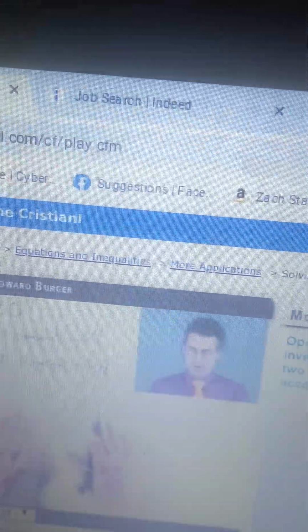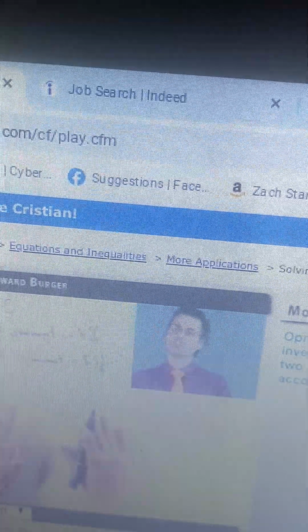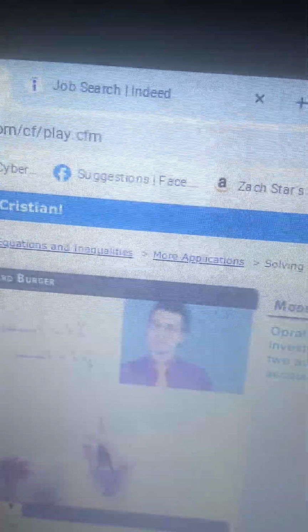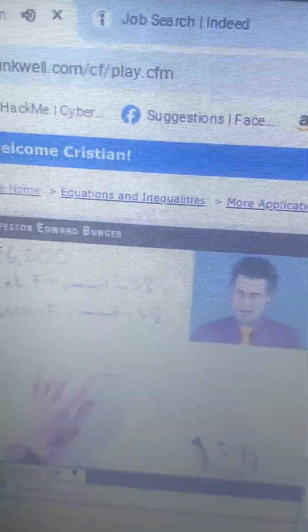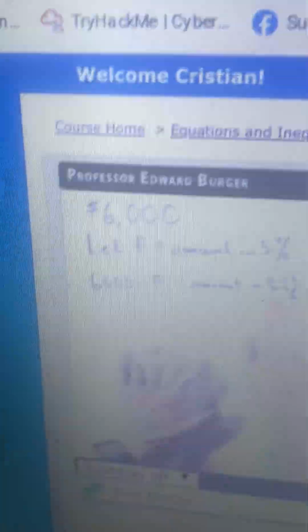Okay, now, what do we know? We know the total amount of interest she received after the end of 1 year, and it turns out it was exactly $370. So what we could do to answer this question is figure out what the interest was earned from this account, F dollars invested for 1 year at 5%, and then the interest earned on this account, 6,000 minus F dollars invested at a rate of 8.5%.